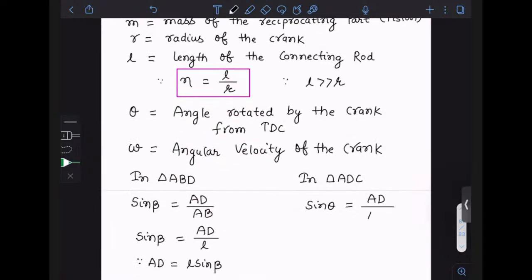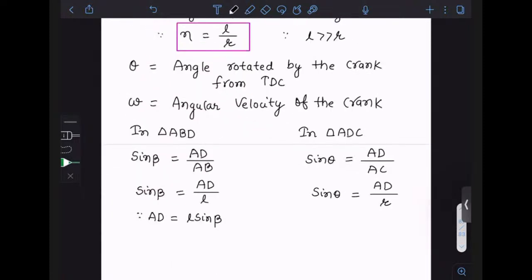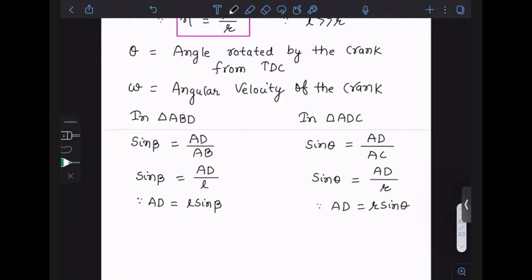AC is R. So sine theta is equal to AD by R, so AD is equal to R sine theta. Correct. So both AD are equal.